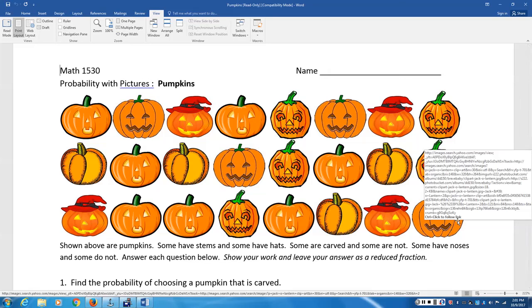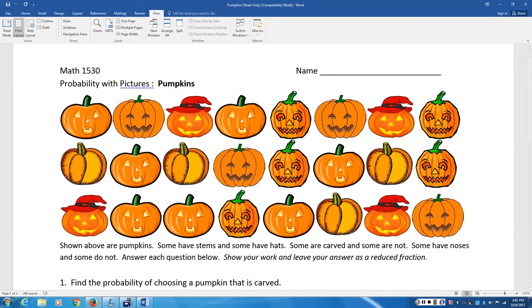Okay? 20. But how many pumpkins are there total? Let's see. 1, 2, 3, 4, 5, 6, 7, 8, and 3 rows of 8 is 24 pumpkins. And how many of them are carved? 20. So 20 over 24 is?